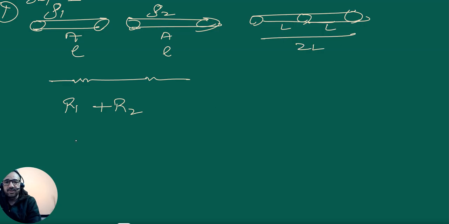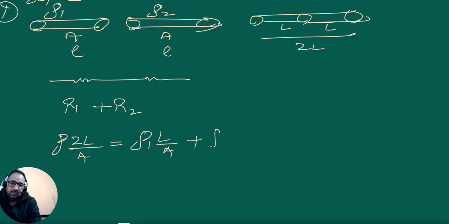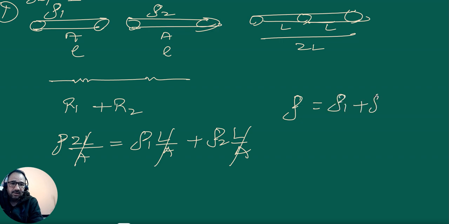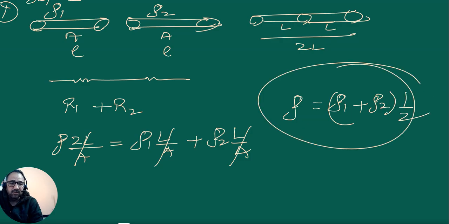So total resistance becomes rho into 2L upon A, but individual resistance is rho 1 L upon A plus rho 2 L upon A, where L is same and area is same. L by A you can cancel out. Then the 2 will come down, so rho becomes rho 1 plus rho 2 into half. So in this way you can solve.